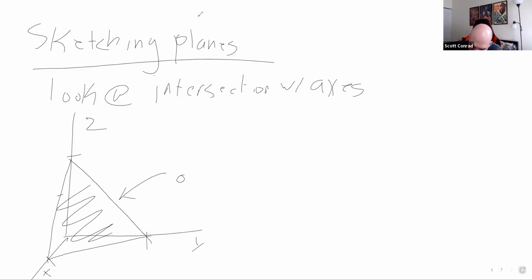We get the piece of the plane in the first octant, sorry, octant, not quadrant, where x, y, and z are all positive. And so if we know how to find the intersection of a plane with the axes, then we can do this very easily. So let me do a very, very quick example.